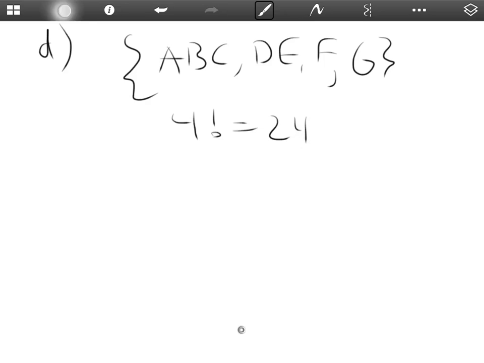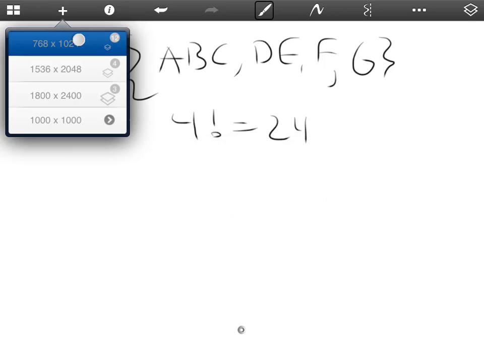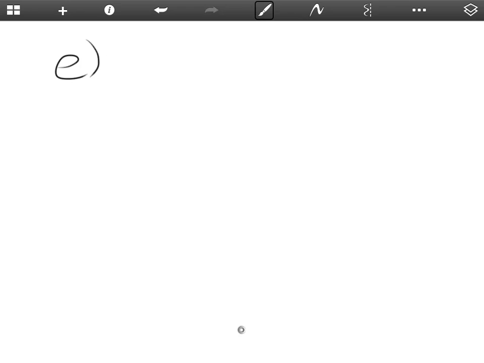And so let's do E, with the strings ABC and CDE. Look at what the strings ABC and CDE look like. You can't have ABC without having CDE.